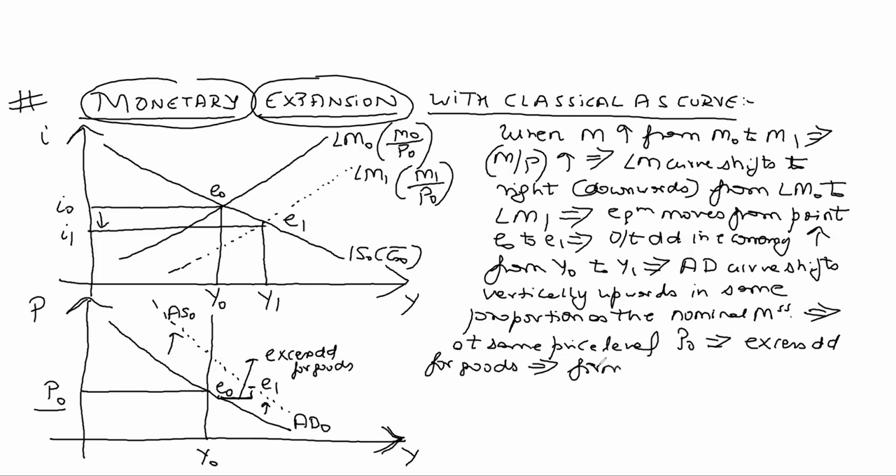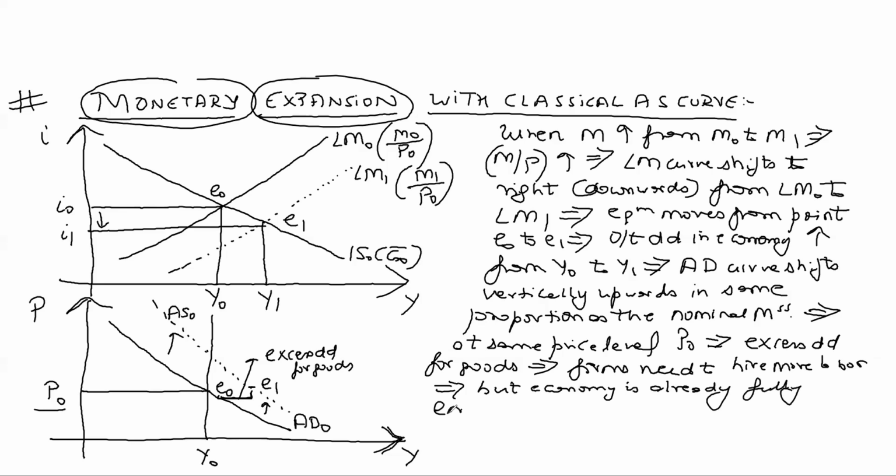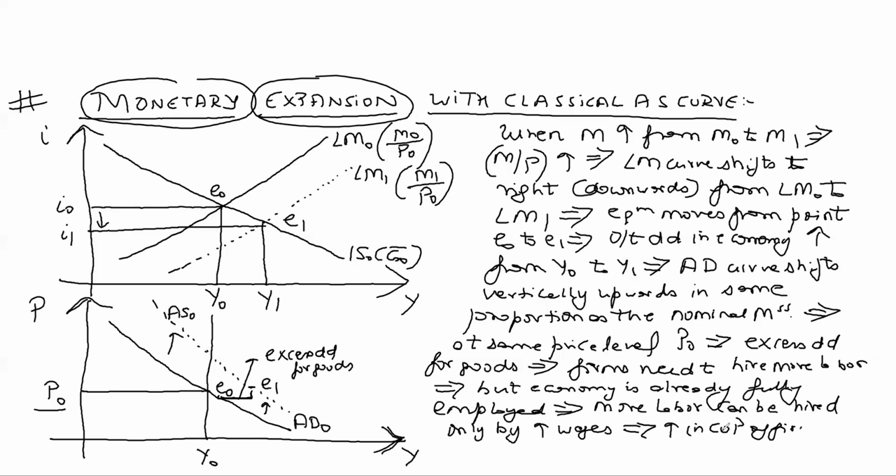Okay, which implies firms need to hire more labor. But economy is already fully employed. Which implies more labor can be hired only by increasing the wages, which implies increase in cost of production of the firms, which implies increase in prices.